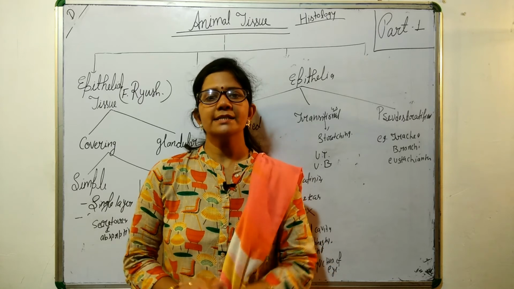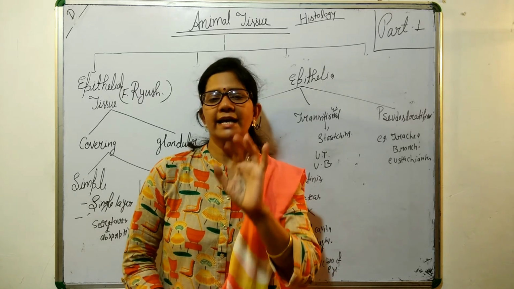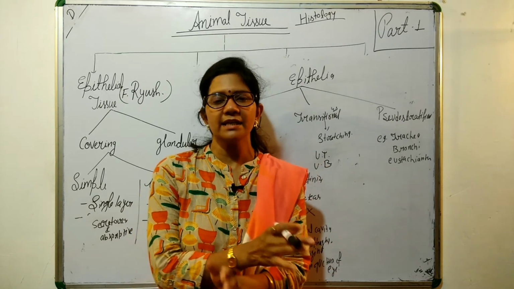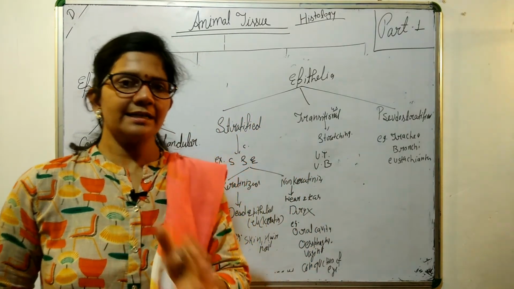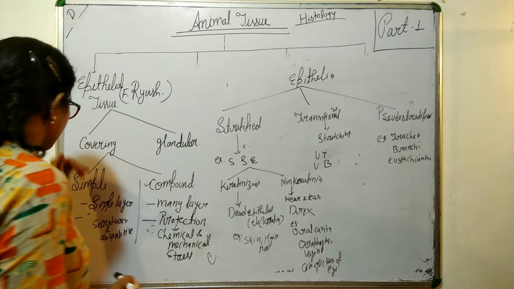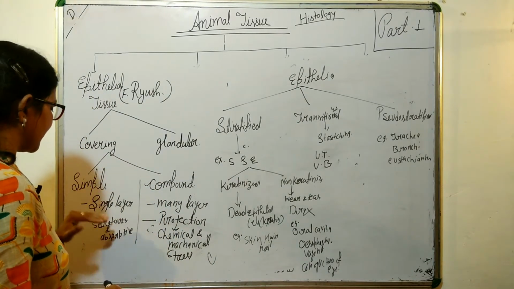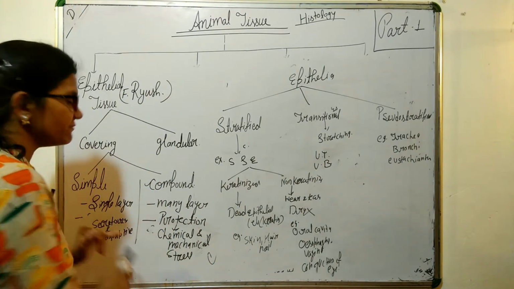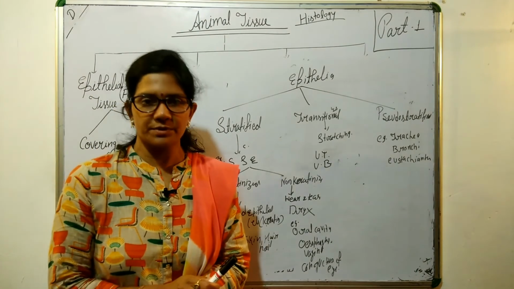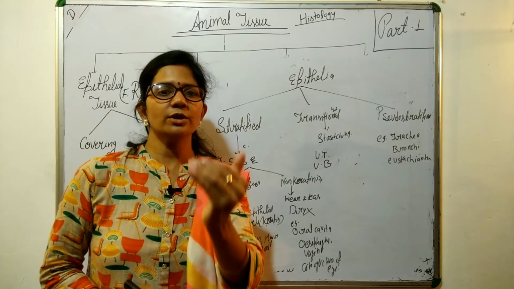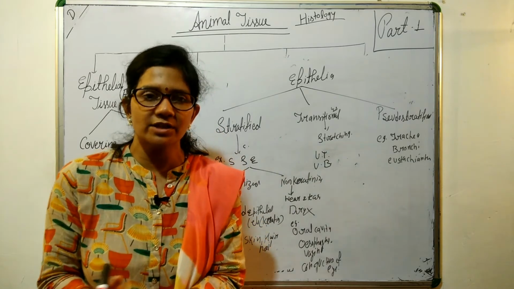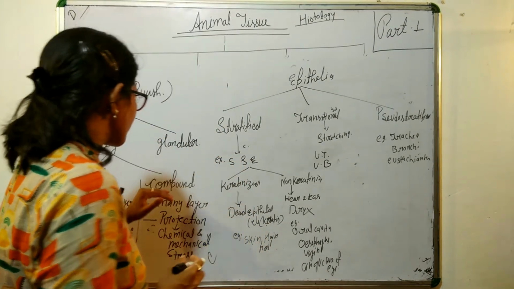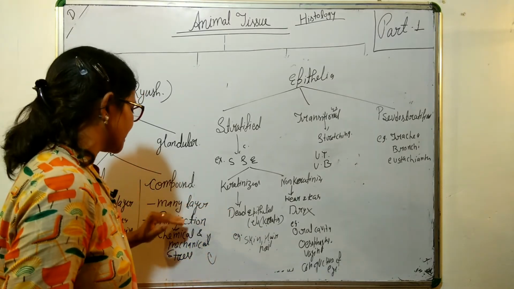Now let's see the compound epithelium. One thing: just by mistake I had reversed the function of these. Let's see it again. In the case of simple epithelial tissue, its main function is secretory and absorptive, and I had told you protective. It was just by mistake that I told the reverse. The protective function is mainly of compound epithelial tissue.